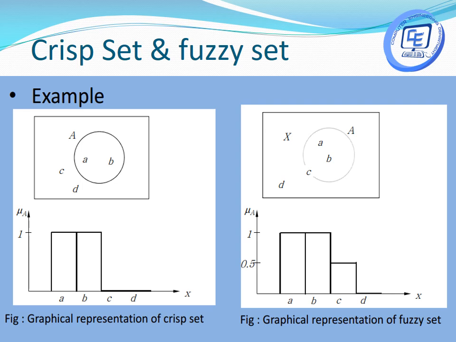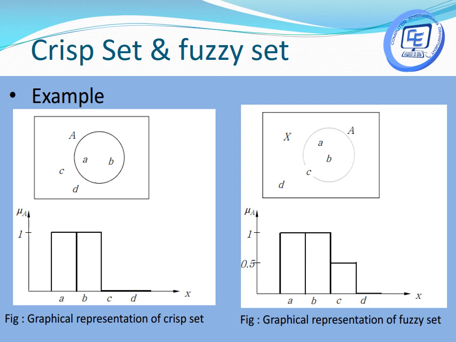So let's say small a and small b are two students who are learning in class A, so they are present in the circle, and students c and d are not learning in class A, so they are not in the circle.